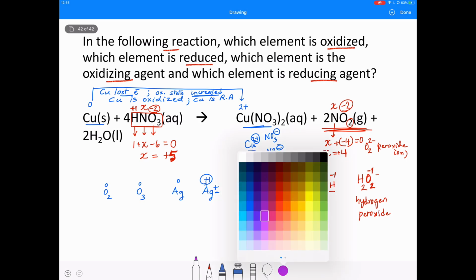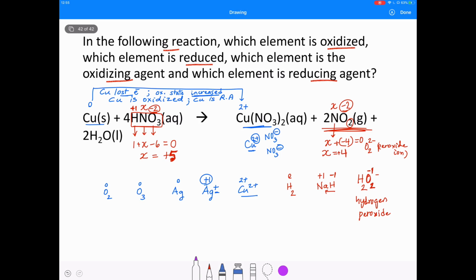So nitrogen's oxidation state has gone from +5 to +4. That means we can say nitrogen gained electrons, or nitrogen's oxidation state has decreased. That means nitrogen is reduced, which makes nitrogen the oxidizing agent. So there's our answer.